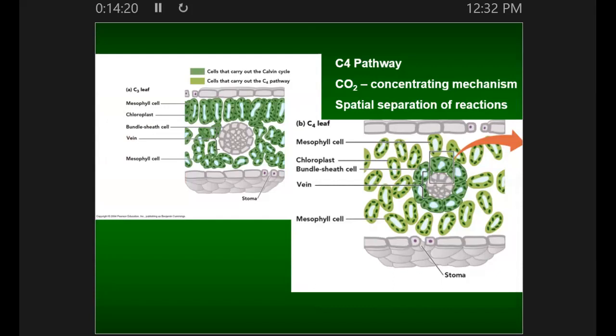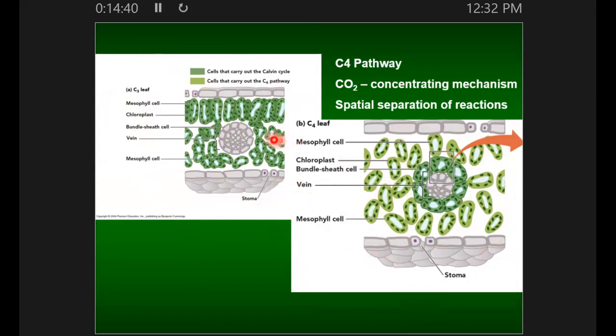So what you're seeing here is this upper left version. This picture is of a leaf that's a C3 plant, like what we have around here. The lower right image is the cross section of a leaf that's a C4 plant.